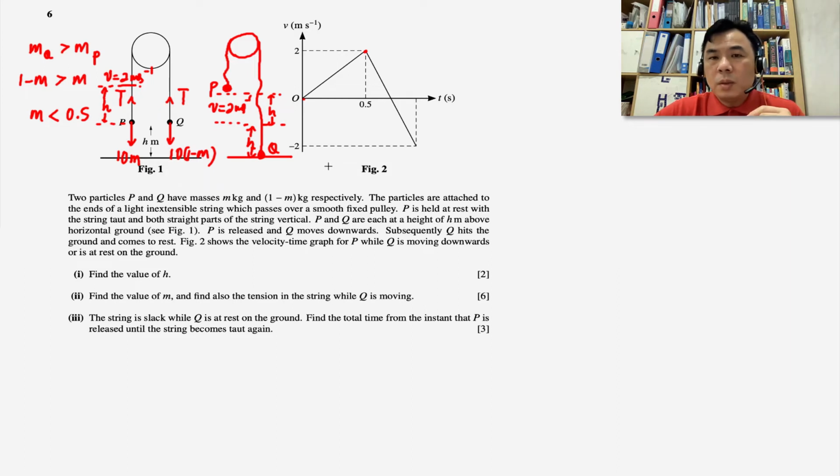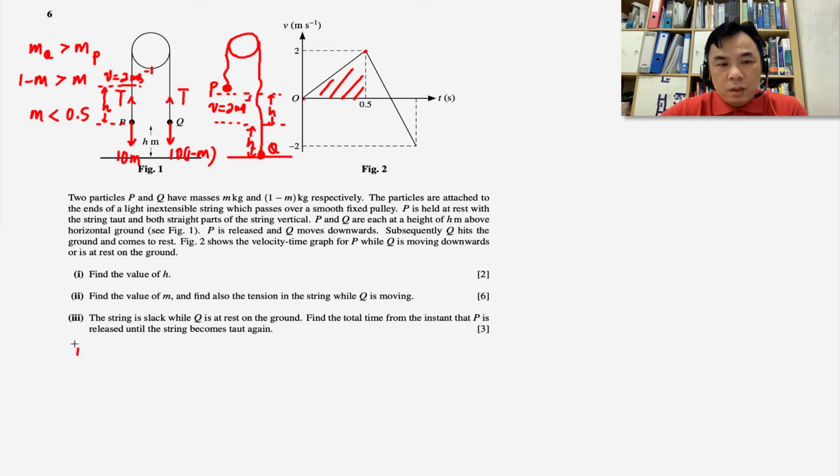The first one is the gradient of the velocity-time graph. Secondly is the area under the graph. The area under the graph is the one that we are interested in because it represents the distance traveled. So here we're going to make use of the area under the graph to find the h itself.